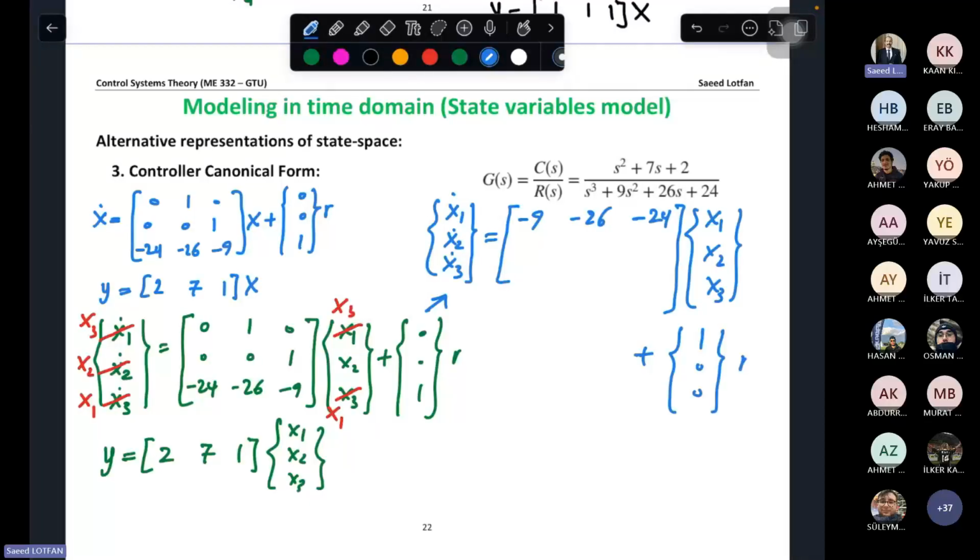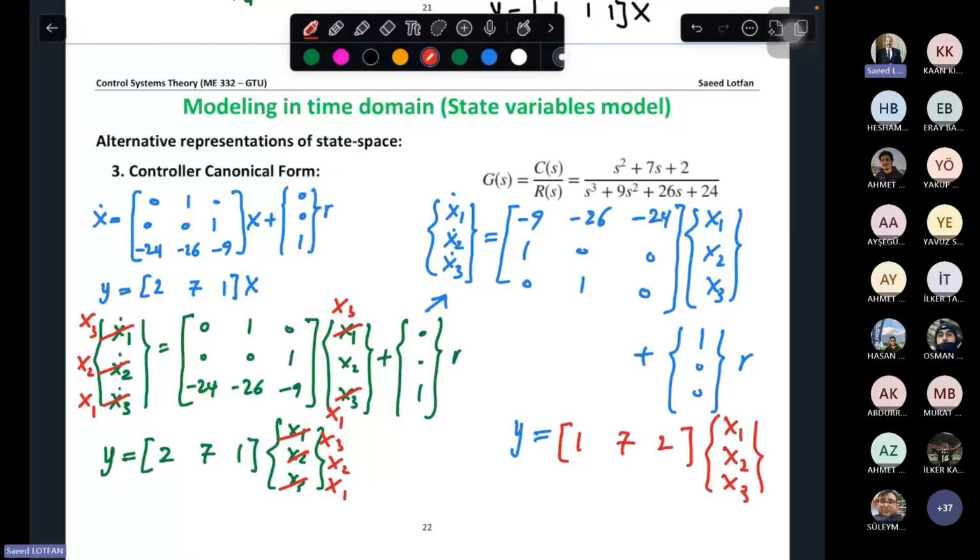So x dot 2 would be 1, 0, 0, and x dot 3 is 0, 1, 0. And y, the new y would be, if I change this to x3, x2, x1, 1, 7, 2, when we are writing it as x1, x2, x3.